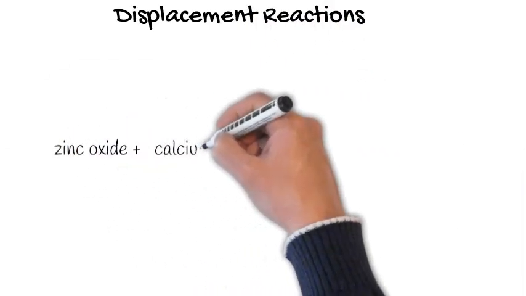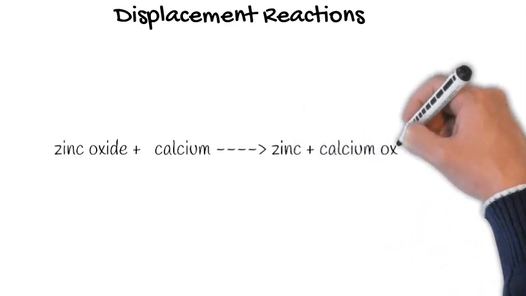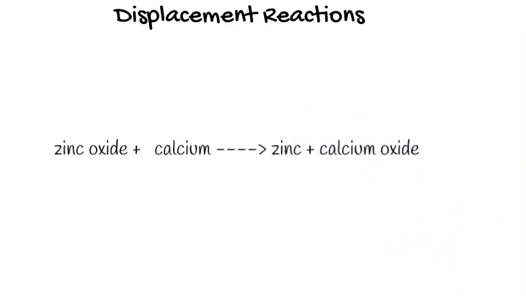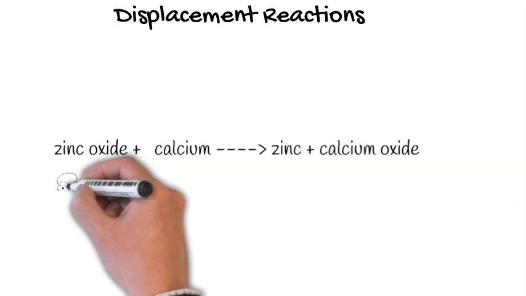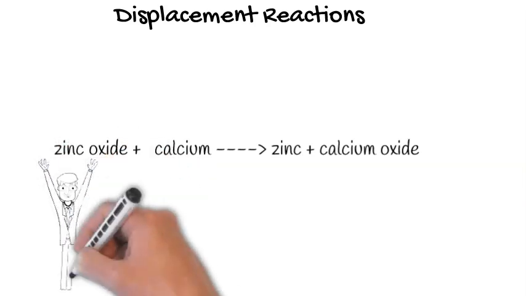Let's have a look at another example. In this example, zinc oxide reacts with calcium. Calcium is more reactive than zinc on the periodic table, so a chemical reaction will take place.